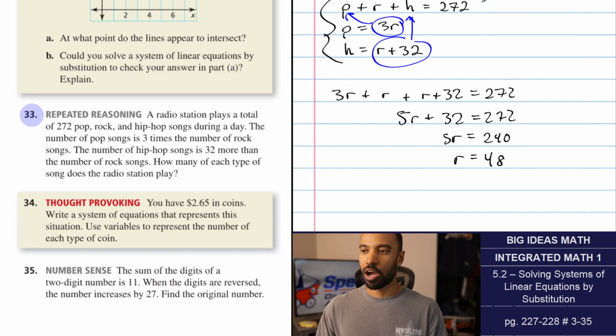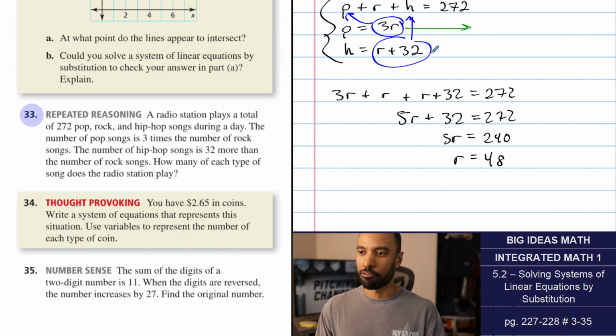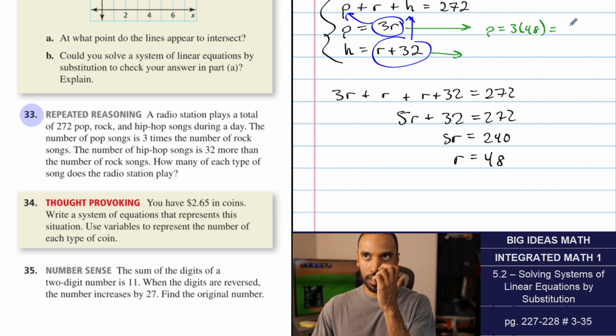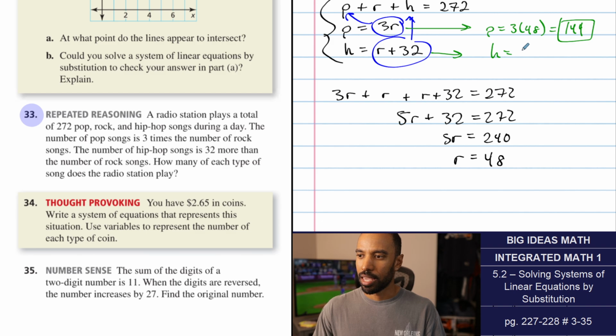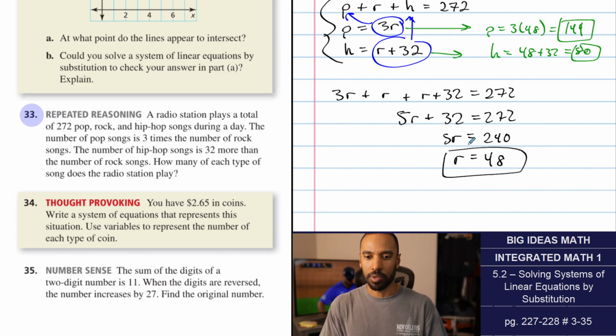To solve for P and H, pretty straightforward. You just substitute. You got 48 there. So P is 3 times 48. Ugh, it's too many. Is it 144? 144. And H is 48 plus 32, which is 80. So 48, 144, and 80 is what we can say for those.